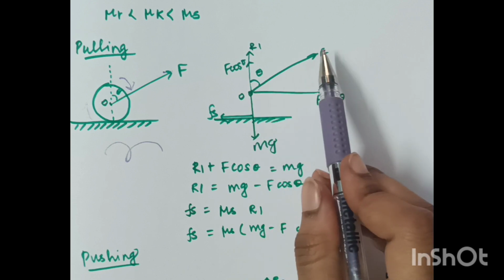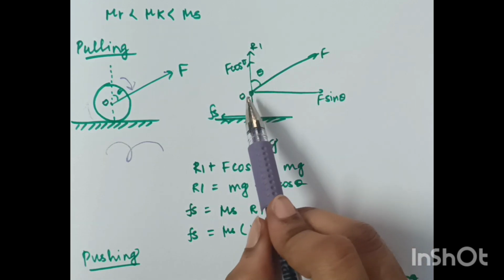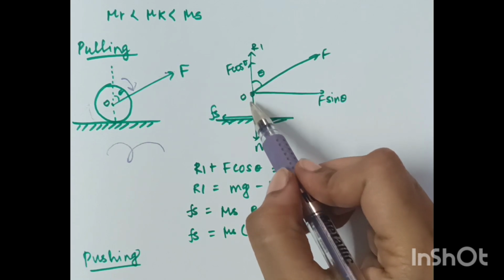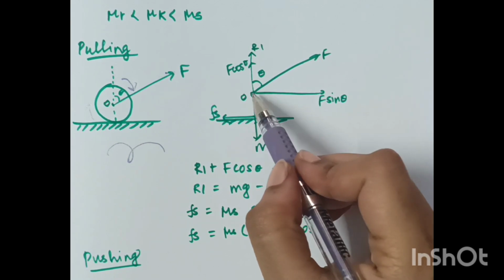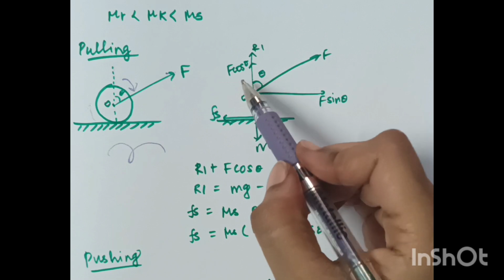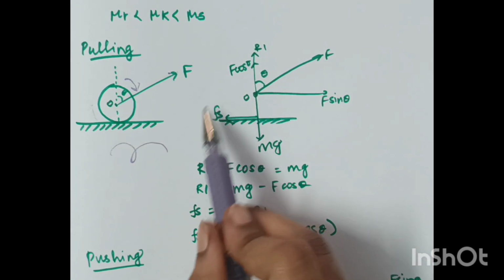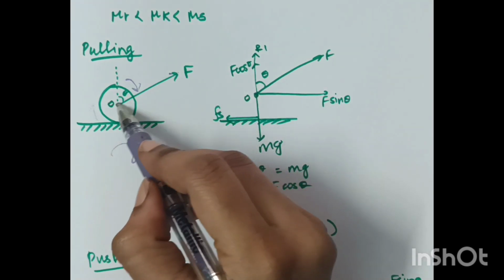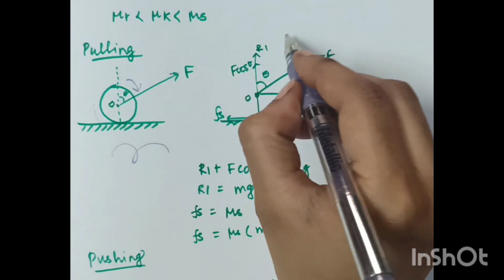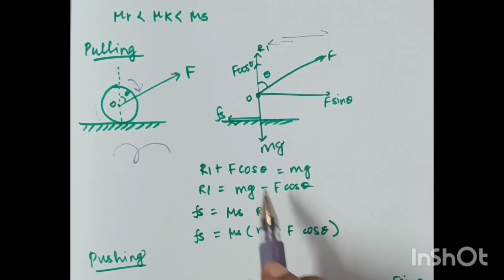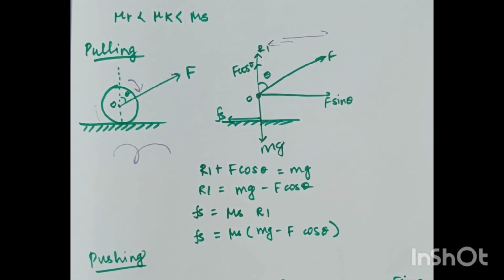I am resolving F into two components: this is F cos theta, and this is F sin theta. Because of weight, there is mg acting vertically downwards, and the reaction force acts vertically upwards. Now what about the frictional force? I am pulling the object towards this side, so the object will move this side, so the frictional force is towards this side, that is Fs.